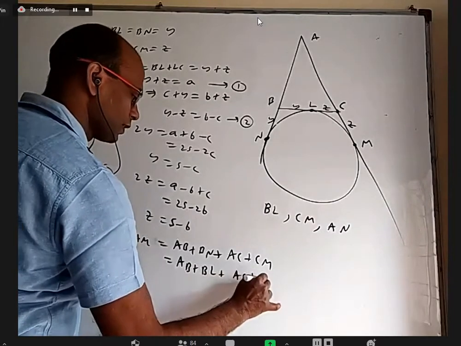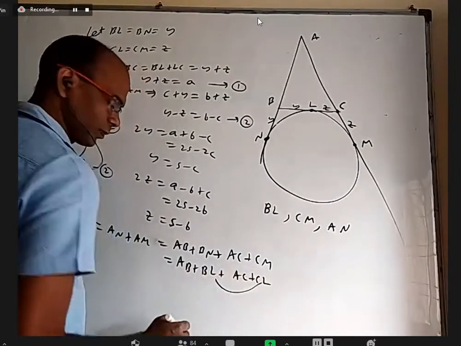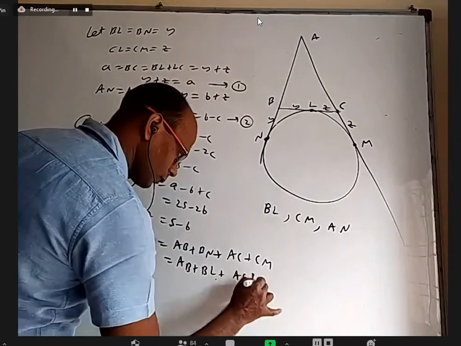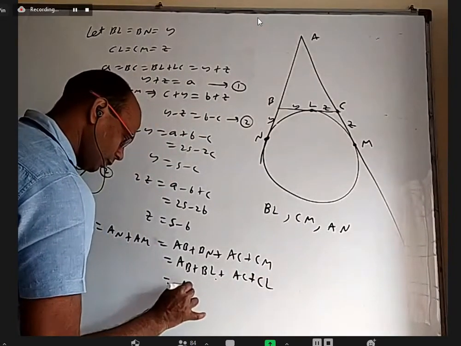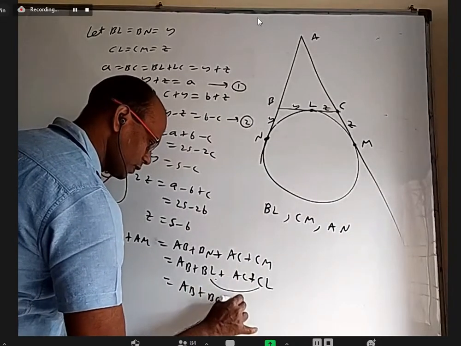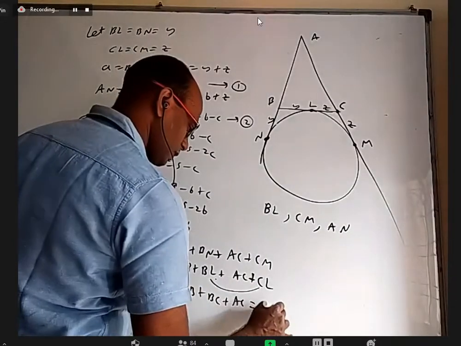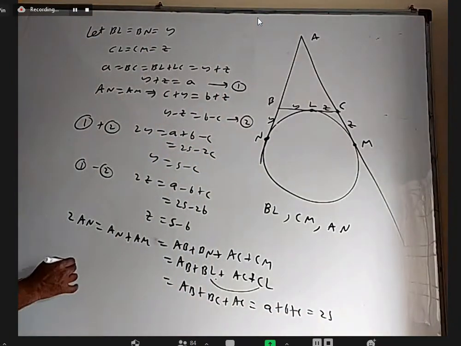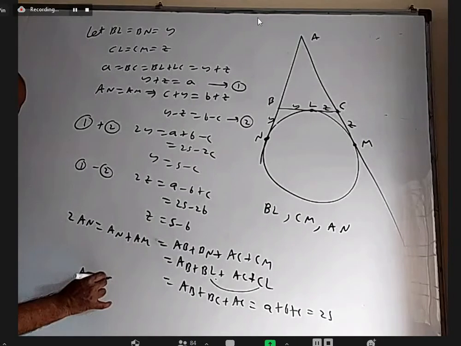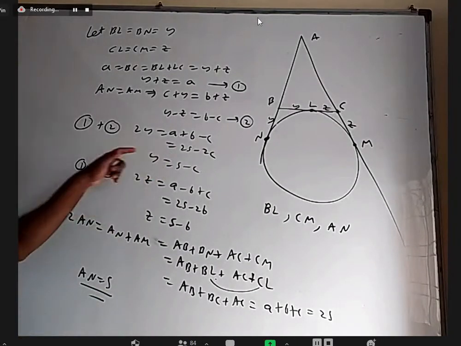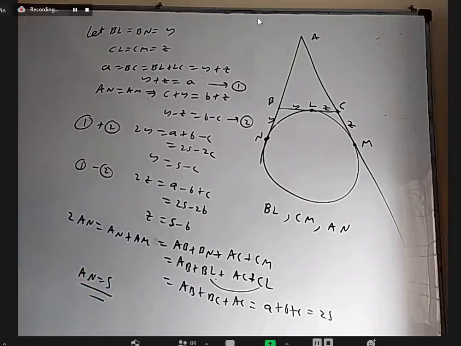And CM, I can write it as CL. If we add these two, it is BC plus AC, which is A plus B plus C, which is 2S. So AN is equal to S. So AN equal to S can be independently proved, or you can prove it after getting Y and Z also.